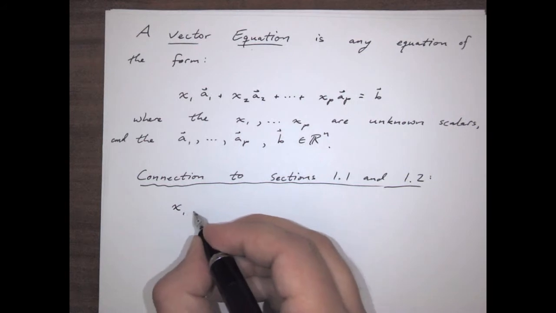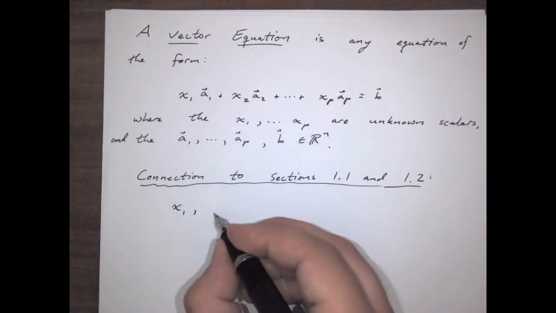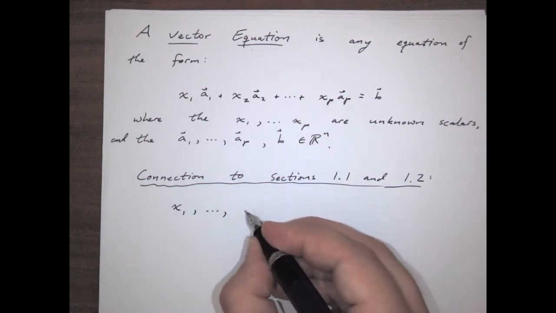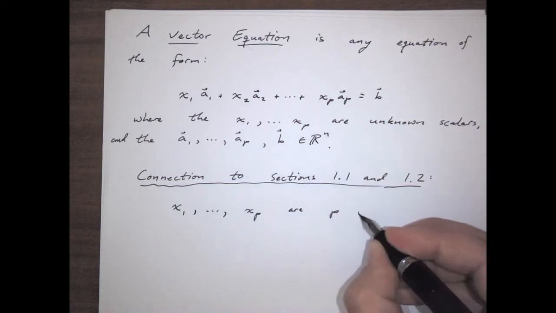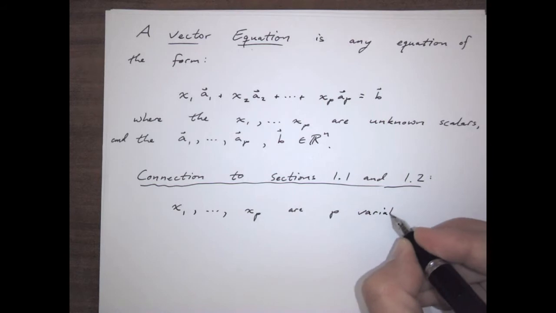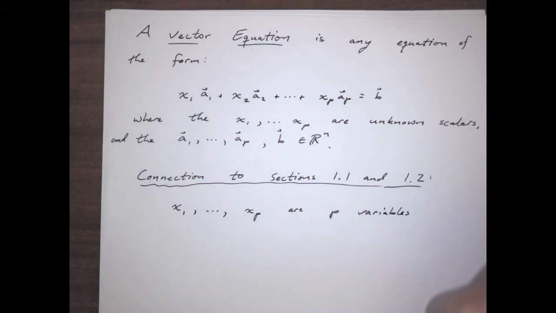So the x1 up through xp are p variables.